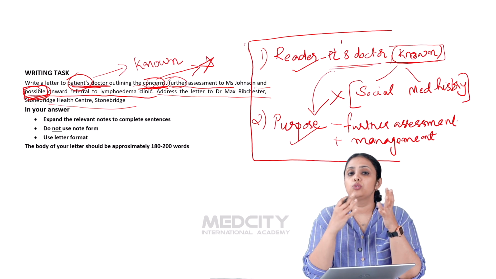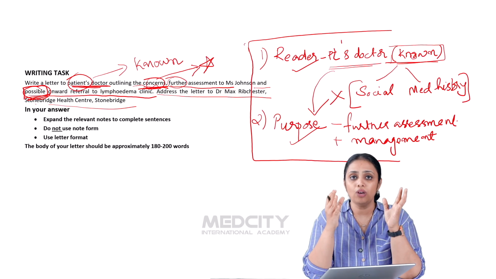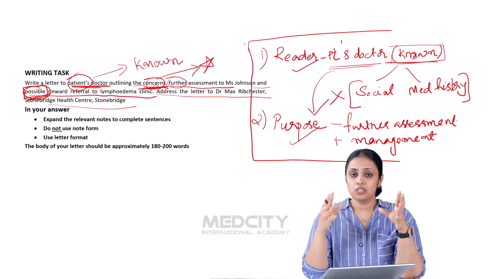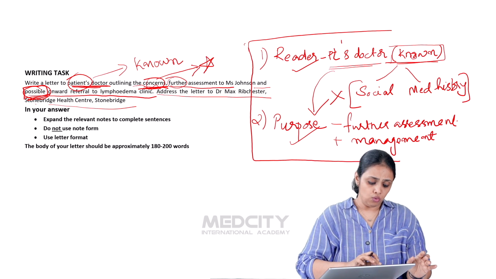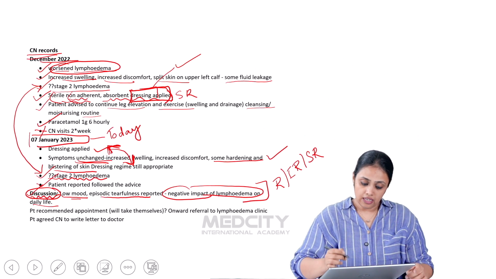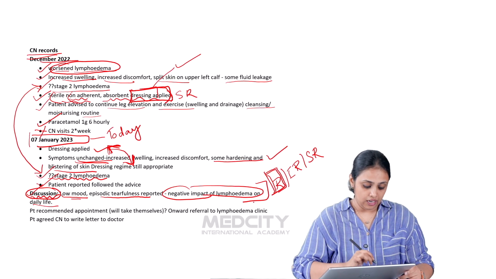So definitely you have to update what the patient is going through as of now, so that the patient can receive management in a holistic manner. From that perspective, this detail is of course relevant, no doubt regarding that.